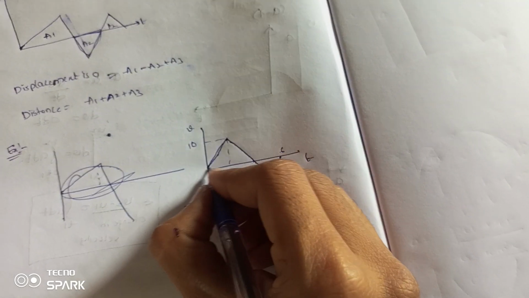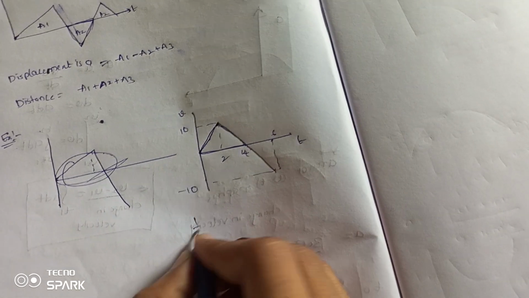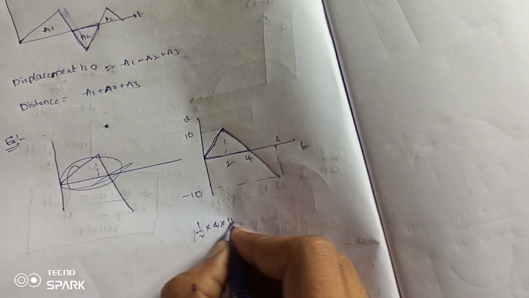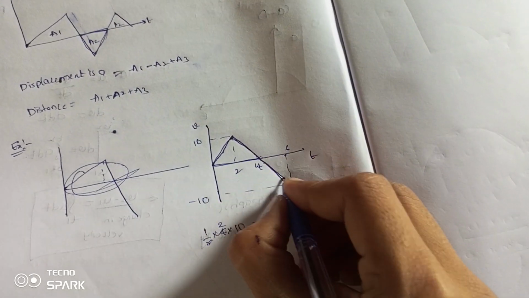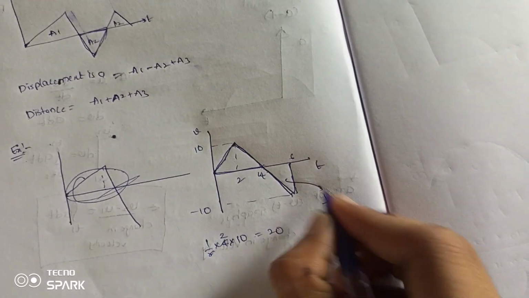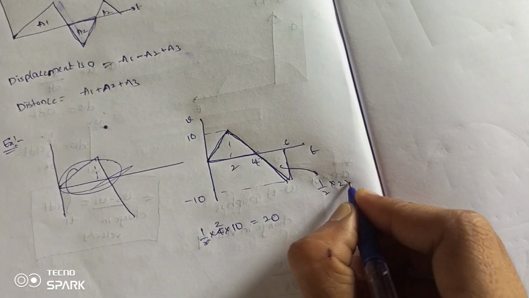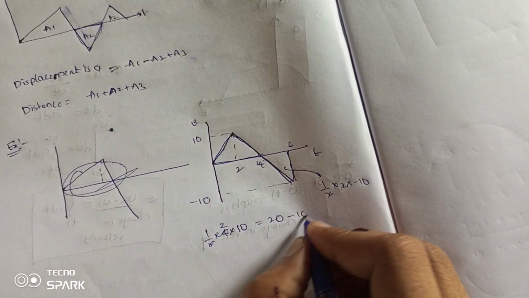In this area is half into base into height, half into 4 into 10, 2 into 10, 20. And in this area is half into 6 minus 2, into 2, base into height, minus 10. So minus 10.